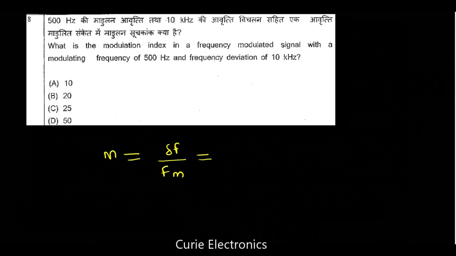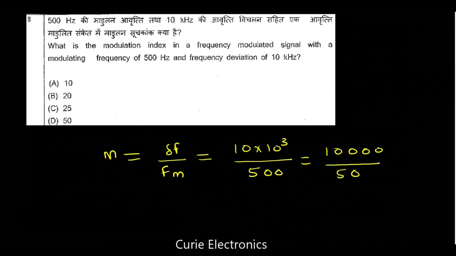The deviation is 10 kHz, so we write 10 multiplied by 10 to the power 3 upon the modulating signal frequency, 500 Hz. You will get 20. So 20 is the right answer, option B.